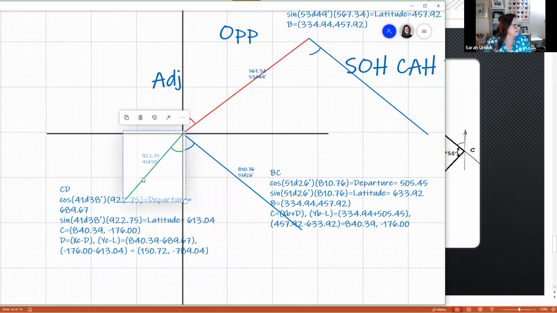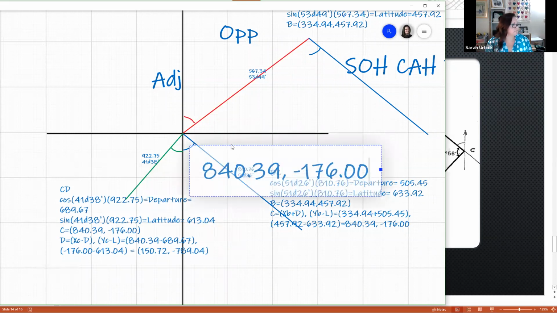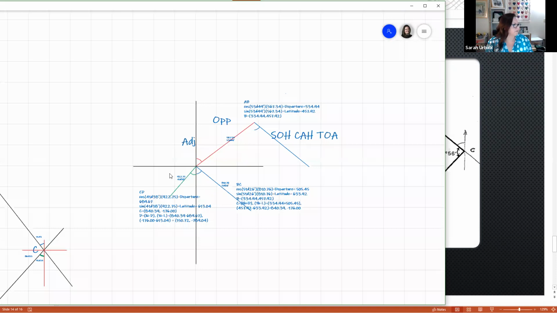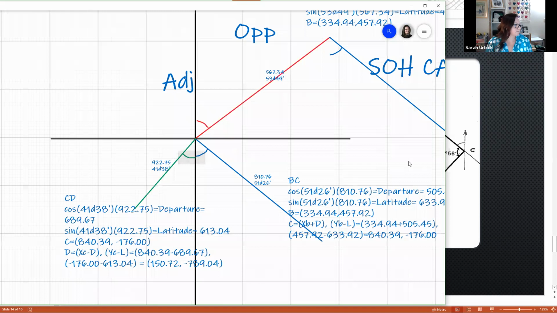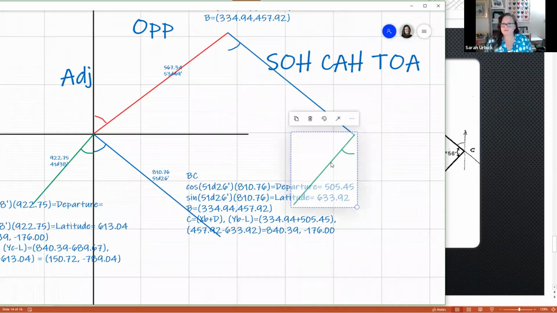So does it make sense that we are below our horizontal axis by 789 feet, and that our X coordinate is 150? So these are not to scale. That's the only problem that I've done here.